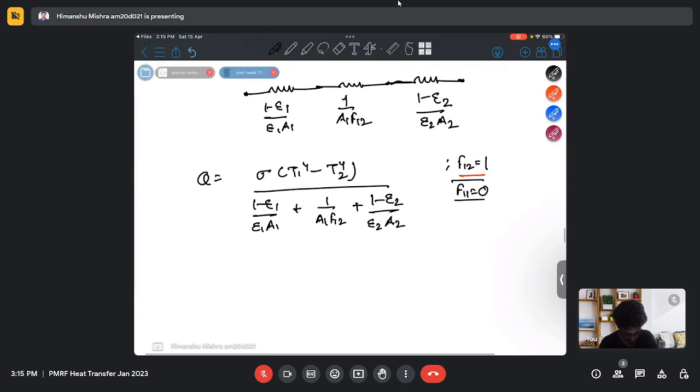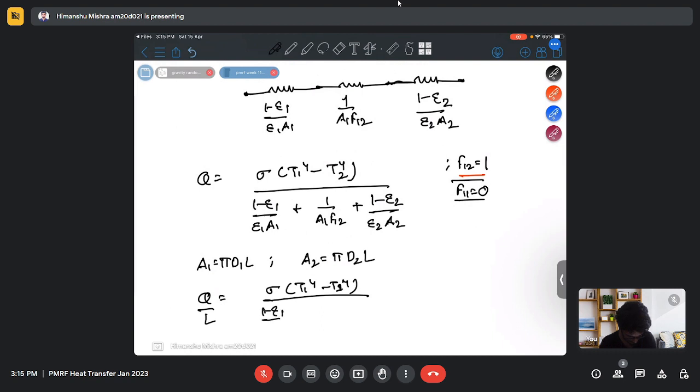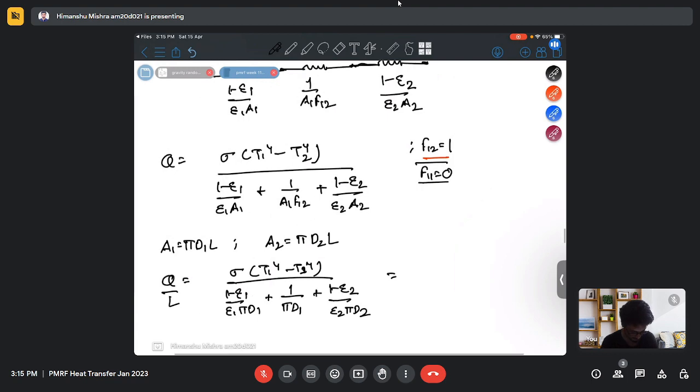And my area A1 is pi d1 L and area A2 is pi d2 L. So my heat transfer per unit length will be this, and we just need to plug the values in now.